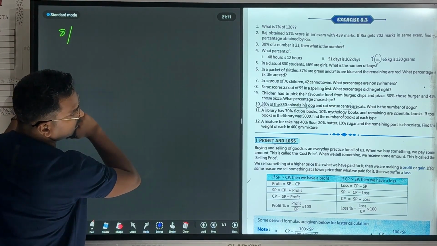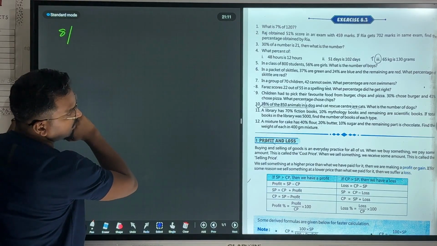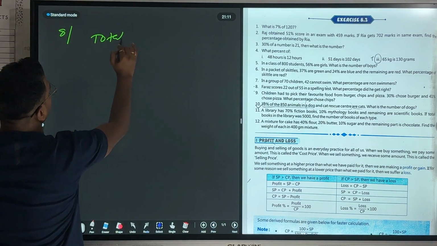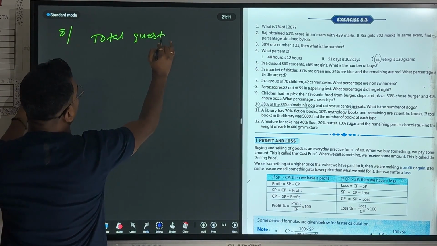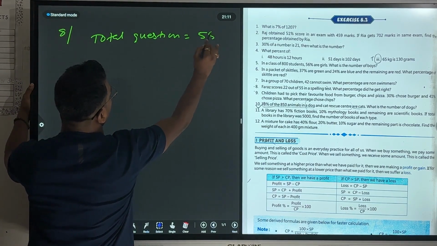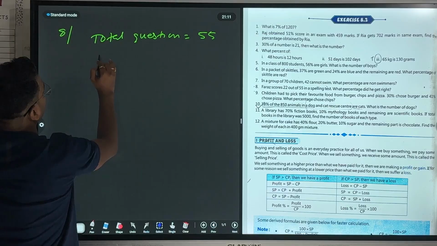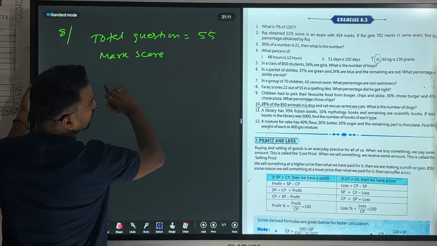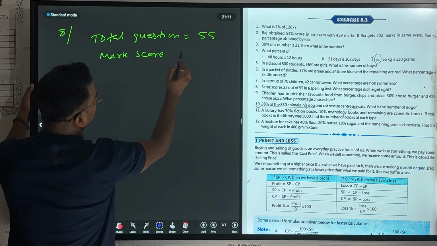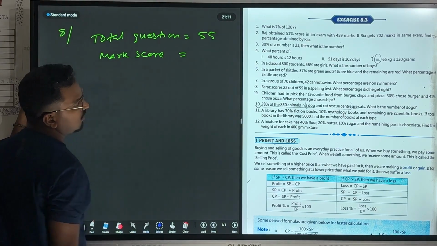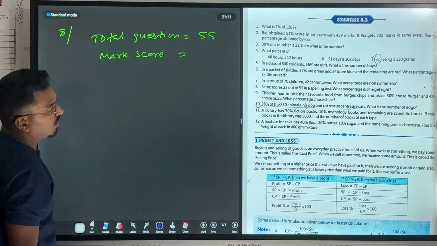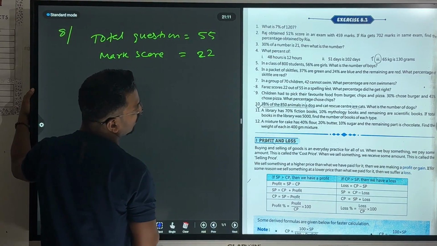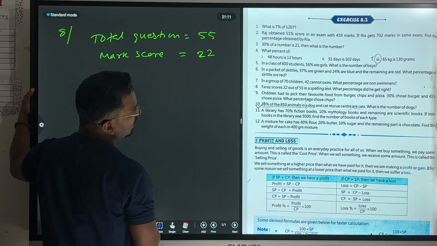Let me take the total questions. Total questions is given as 55. The marks scored, or the correct answers he could write, is 22.